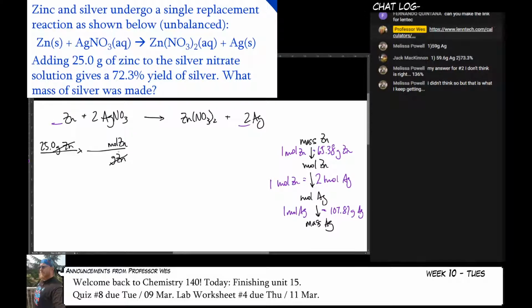Grams of zinc becomes moles of zinc. Moles of zinc becomes moles of silver. And again, we're just going right down the list here. Moles of silver, grams of silver.